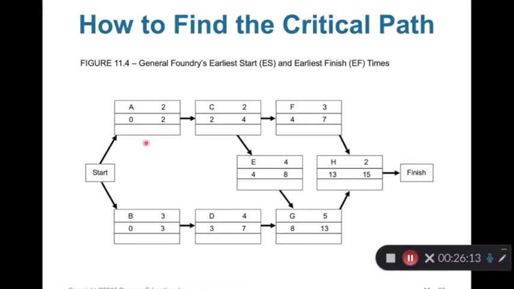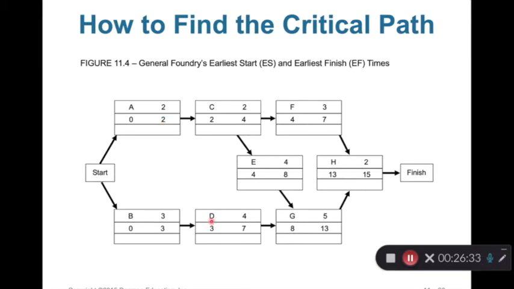This is why we just use 2, for A and B is 3, and then we set ES for C to 2 because of the EF of A equals 2, right? So the same thing for D.